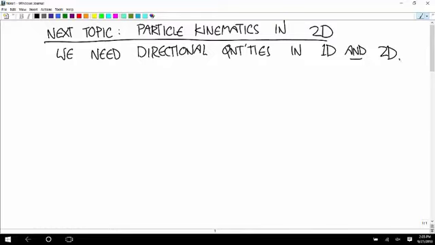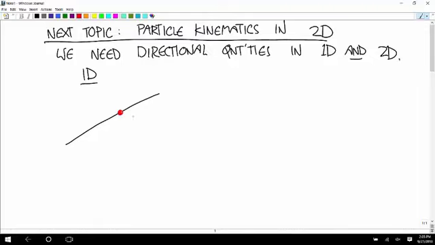In 1D, think about an object moving along a line. Let's say that the object is right here. The thing that characterizes 1D is that at any location, you only have 2 choices of where to go.